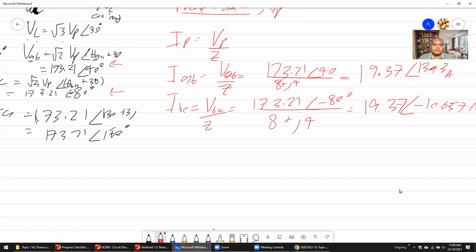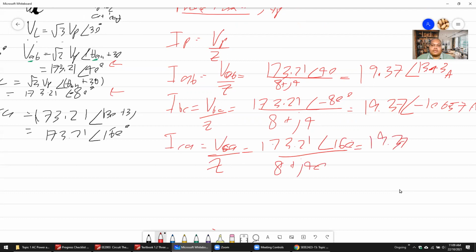57 ampere, and then ICA is equal to VCA divided by Z, 173.21 angle 160 degree divided by 8 plus J4. So you get 19.37 angle. Okay, let me check with the calculator. Sorry, my calculator problem again.